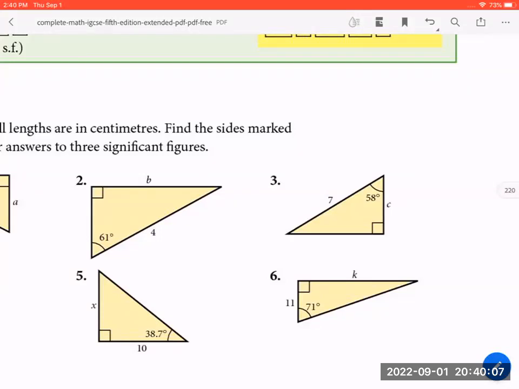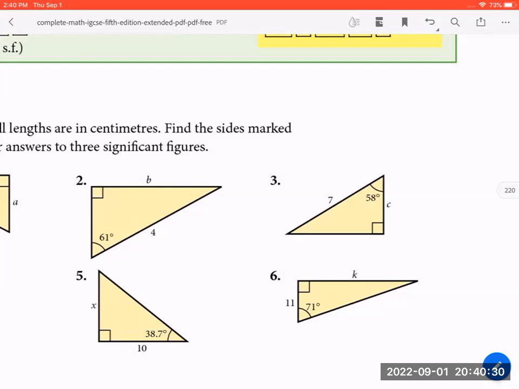So we have a right angle, 90 degrees. We have 38.5, another angle. And we also have 10. I don't know if this is supposed to be adjacent. Yes, it is adjacent.